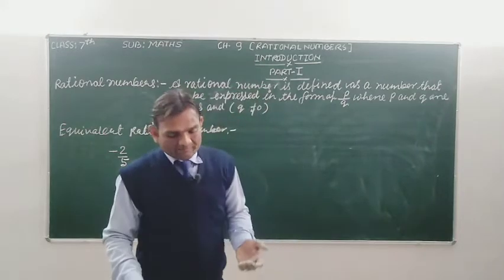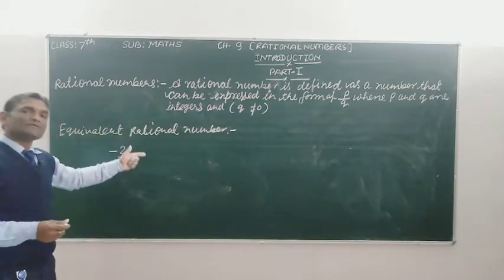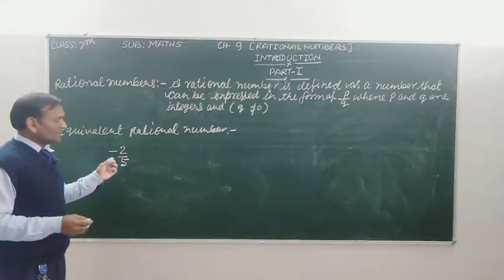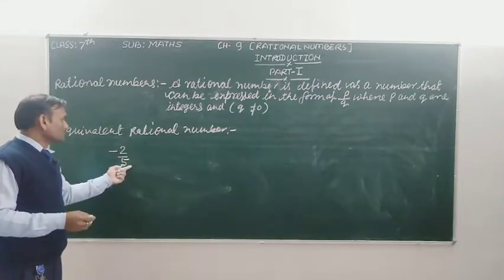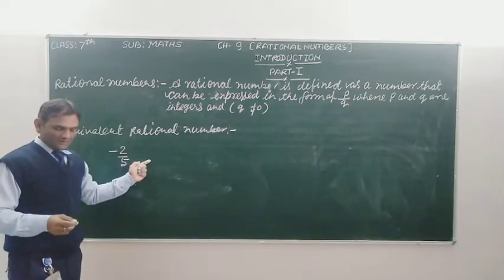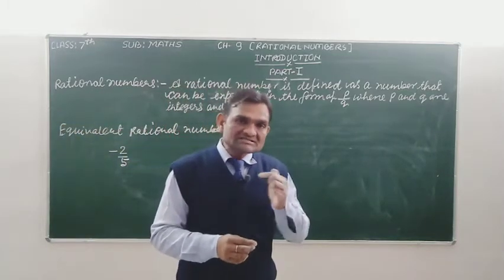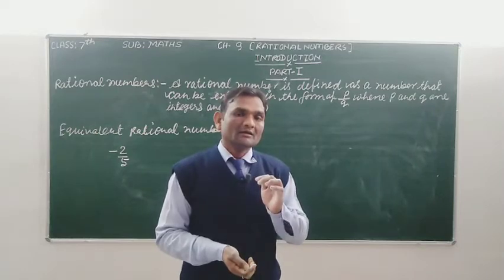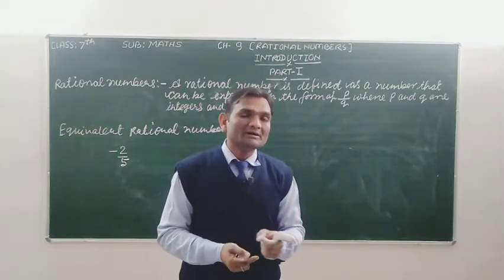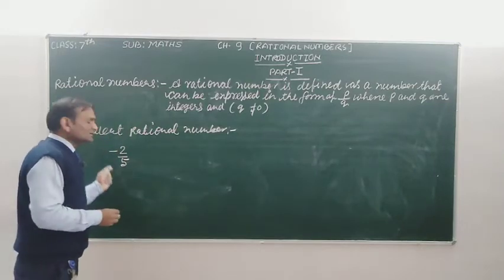So student, I want to tell you here that for finding the equivalent rational number of any rational number, we multiply by the same number in numerator and denominator. स्टूडेंट, इक्विवेलेंट रेशनल नंबर फाइंड आउट करने के लिए हम किसी भी नंबर से, बाय द सेम नंबर, any number but the same number, we multiply in the numerator and denominator.